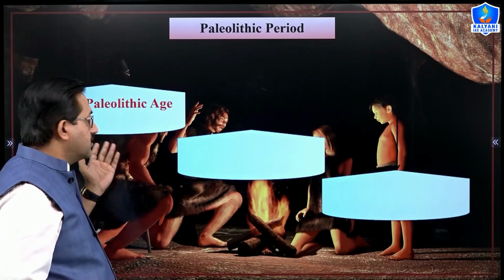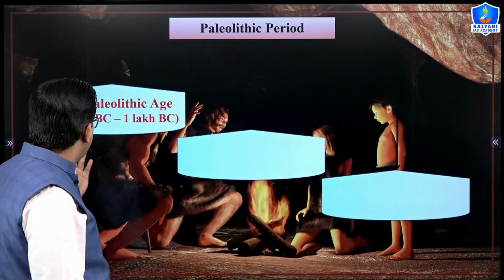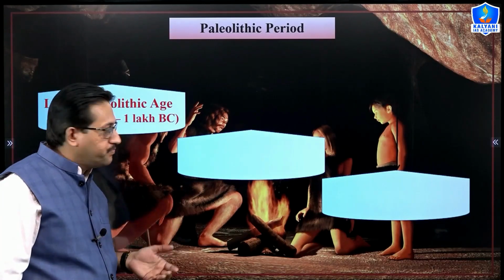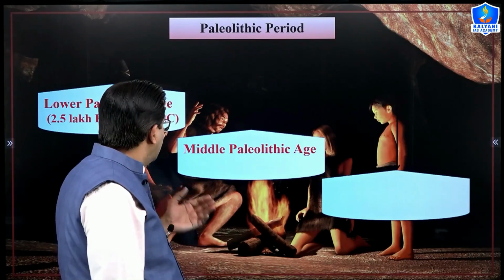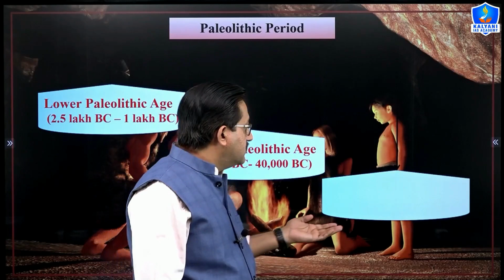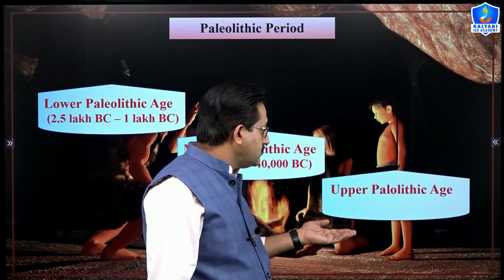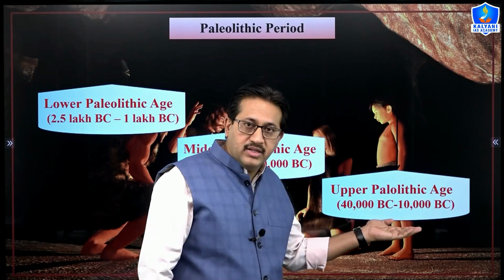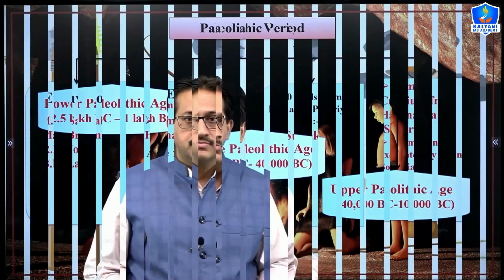The lower Paleolithic period dates between 2.5 lakh BC to 1 lakh BC. The middle Paleolithic period dates between 1 lakh BC to 40,000 BC, whereas the upper Paleolithic period dates between 40,000 BC to 10,000 BC. So this is about the Paleolithic period.